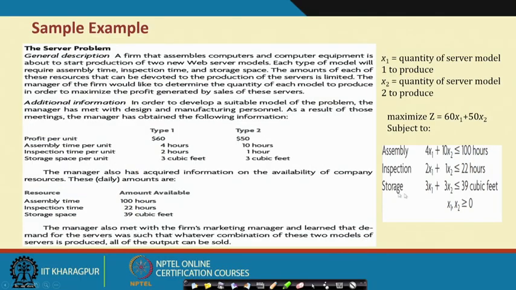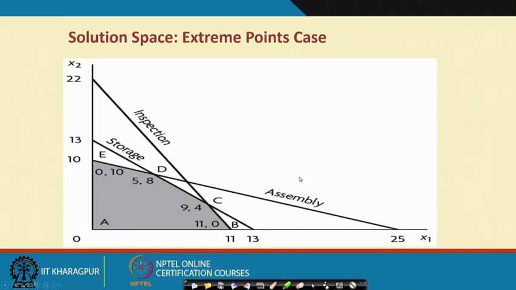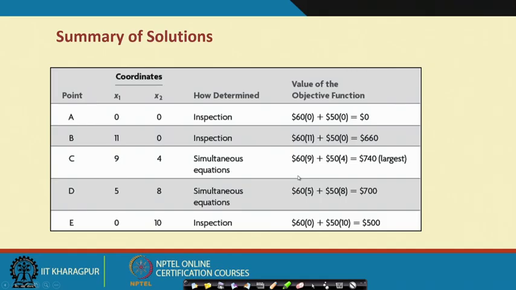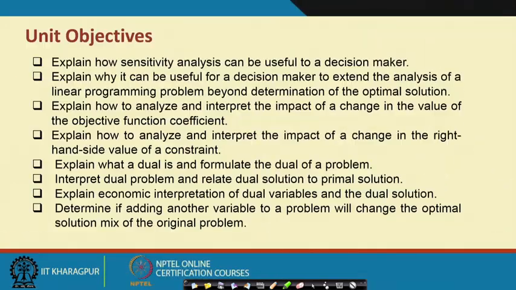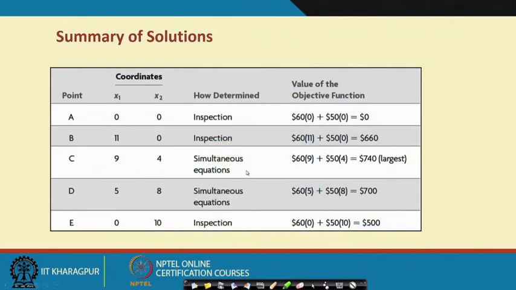So, with this we have addressed the particular business problem. In these problems, corresponding to these objective functions, we have already discussed the solution in the graphical method, and the summary of the solution is like this. Here the highest optimum z value is 740, subject to the other corner points: at the first end point A it is 0, then 660, then 700, then 500.